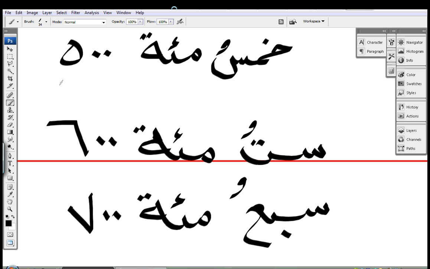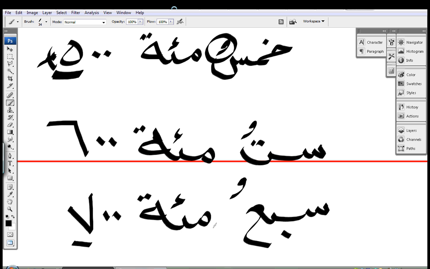First is starting from 300. When you say 300, 400, 500 until 900, what happens is that you take this number, which is khamsa, okay, and take one of, we said that khamsa could be pronounced as khams or khamsa. You take khams and add dhamma to be khamsu mi'a. For 6 would be sittu mi'a.